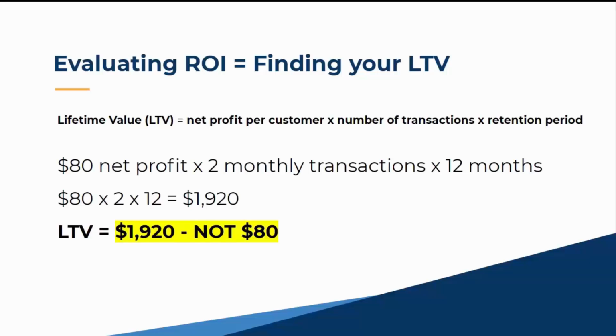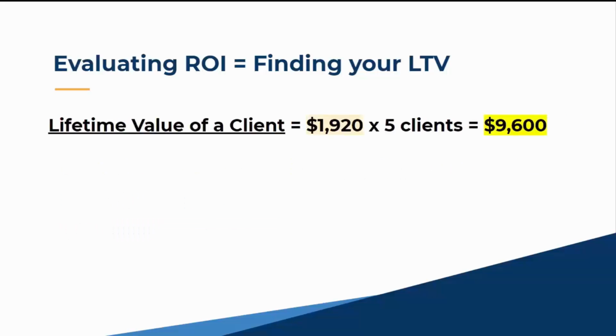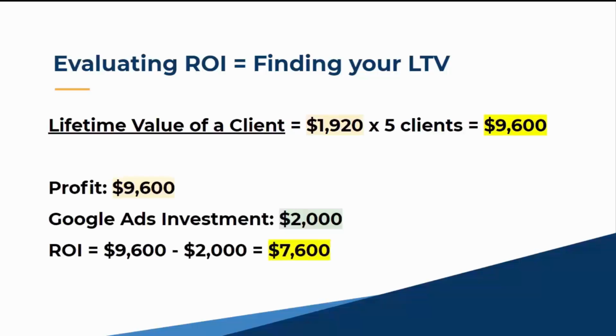Okay, and again, you can pause this video anytime and replay it so you can really grasp this. But most business owners would think, well, I'm investing 2,000 and I only made 80 times 5. That's not it. You've got to calculate lifetime value. So she actually made 9,600, which is 1,920 times 5 clients equals 9,600.